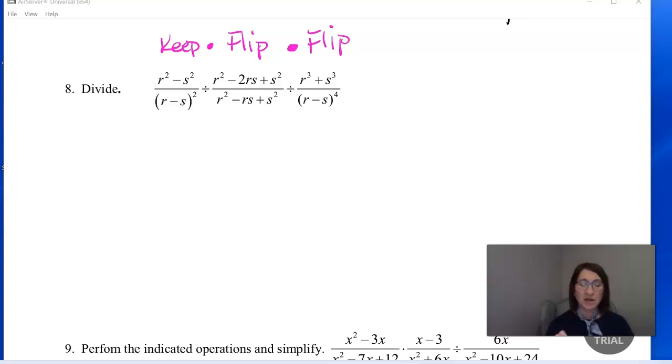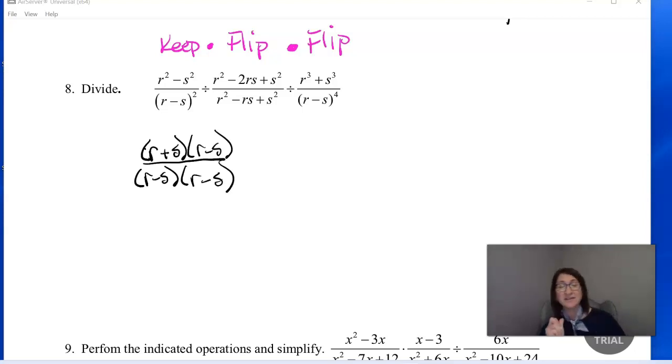Okay, so what is that going to look like? I'm going to break one of my rules, and I'm actually going to factor at the same time. So r plus s, r minus s, over r minus s times r minus s. So that is my first rational expression. Then a multiplication sign. Now I'm going to take this denominator.